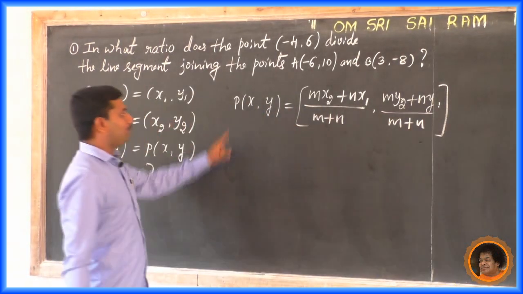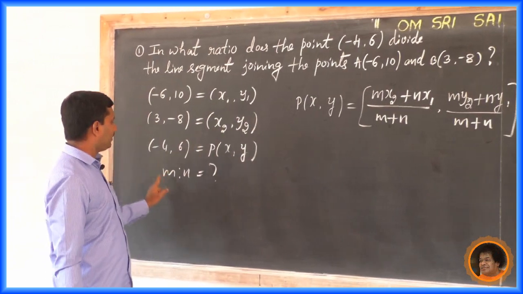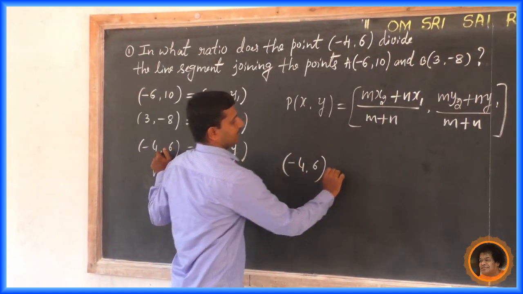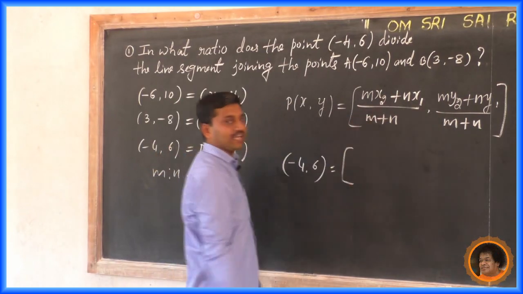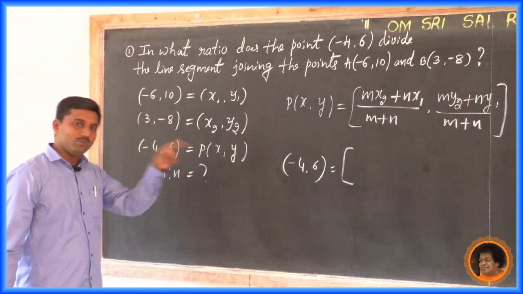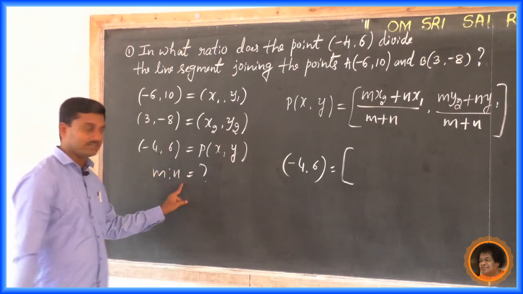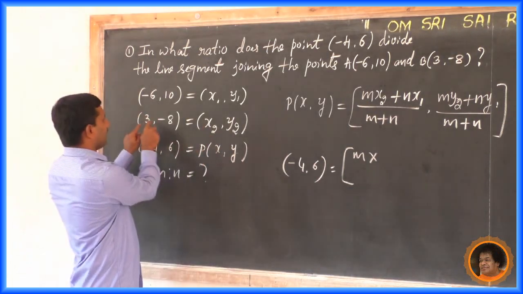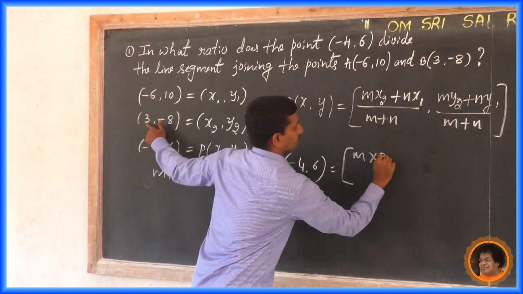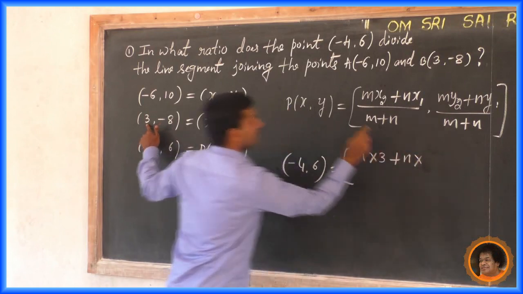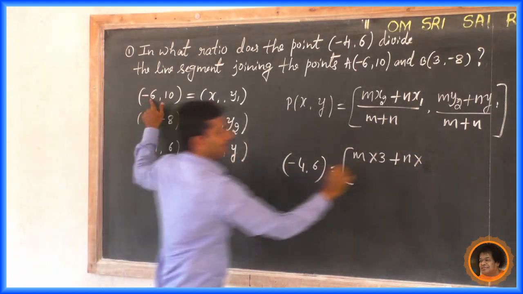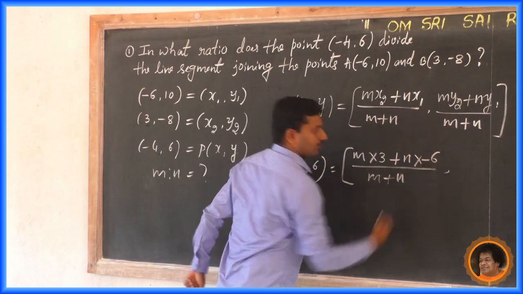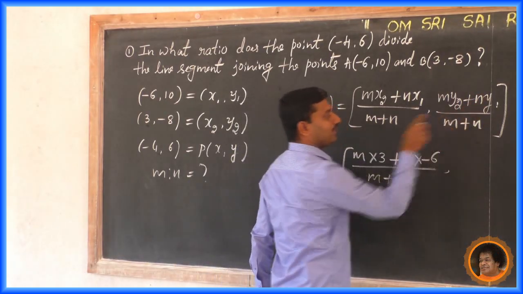Now substitute the value of P of x comma y. So the value of P of x comma y, that is (-4, 6), equals mx2 plus nx1. We have to find the value of m as well as n. Therefore m into x2, so the x2 value is 3, plus n into x1, so the x1 value is -6, divided by m plus n, comma my2 plus ny1 by m plus n.